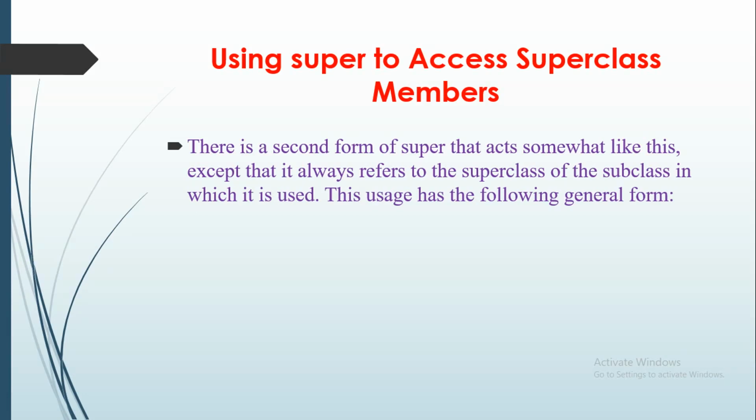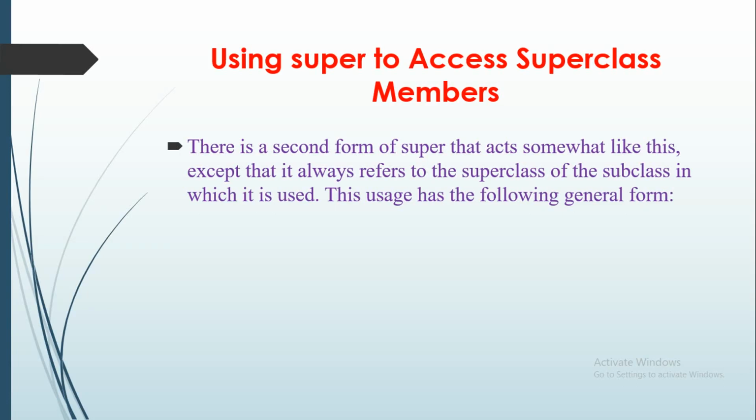We all know that a child class has the right to access the properties of the parent class. But the question is how the child class can get the properties of the parent class.